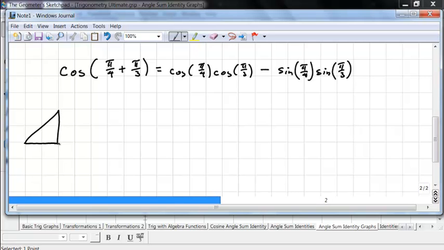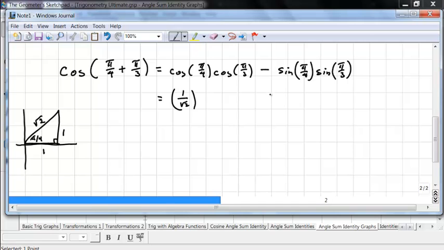Remember, when we take a pi over 4 for an angle, we can place the special triangle 1, 1, square root of 2. You should memorize that triangle. Okay, and so the cosine of this is 1 over square root of 2, or square root of 2 over 2 if you rationalize the denominator.